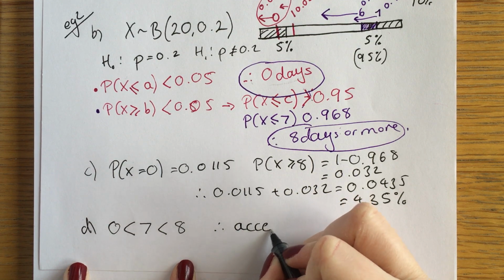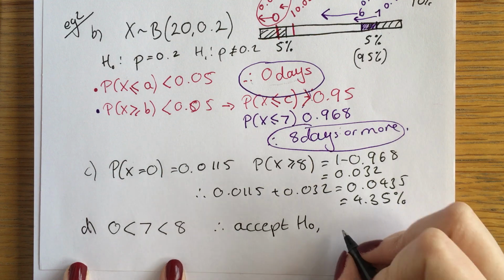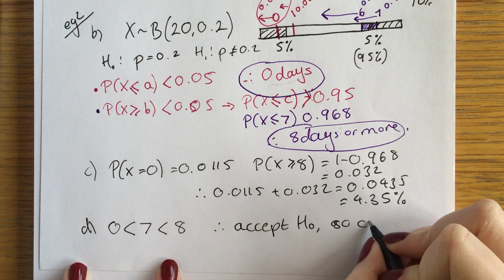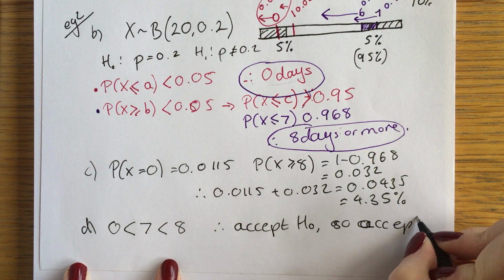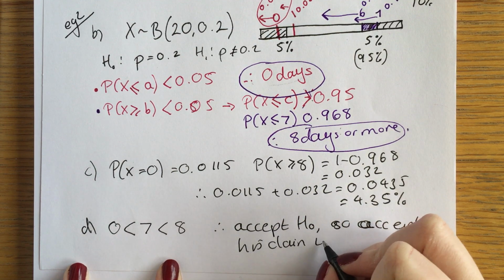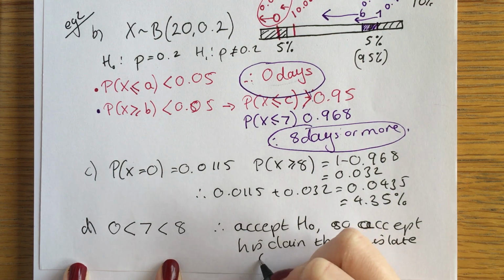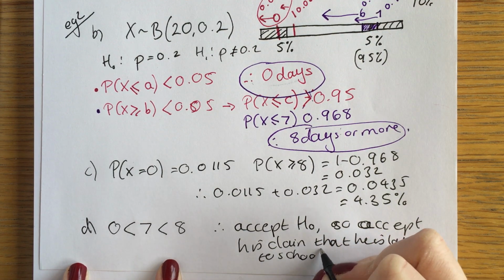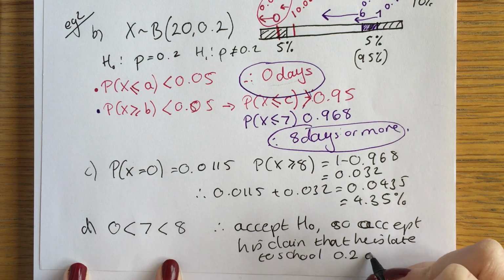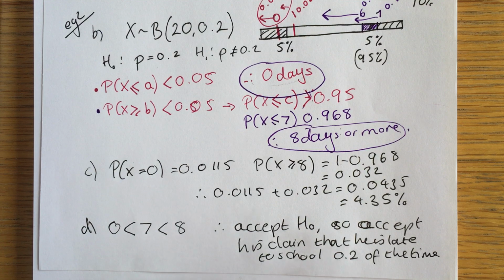So therefore we're going to accept the null hypothesis. So accept his claim that he is late to school 0.2 of the time, or 20% of the time.